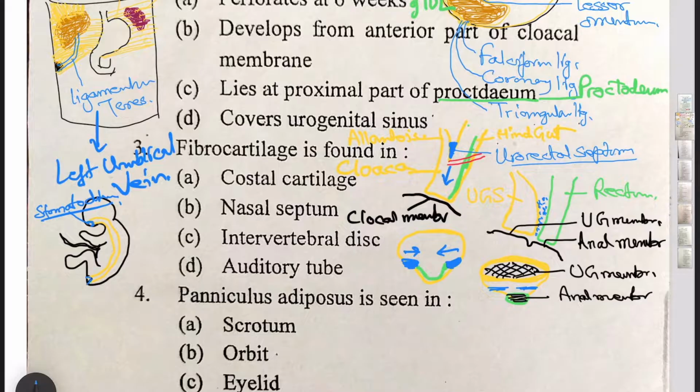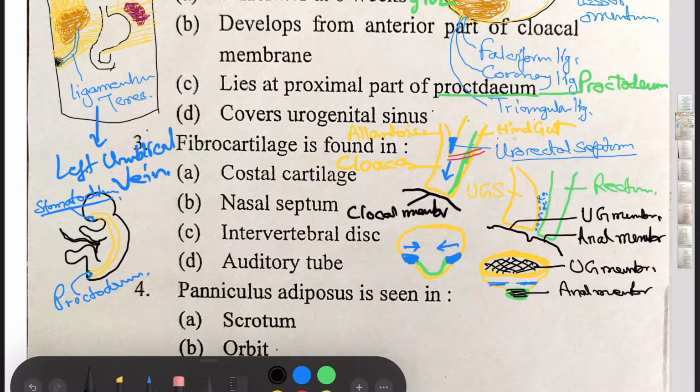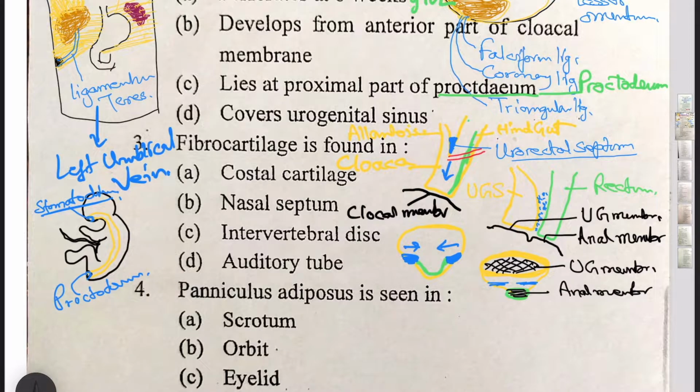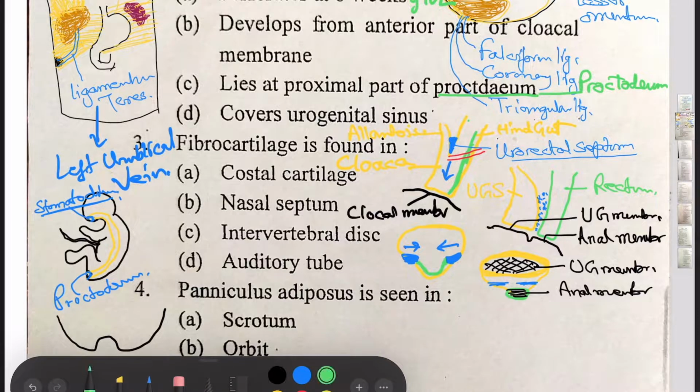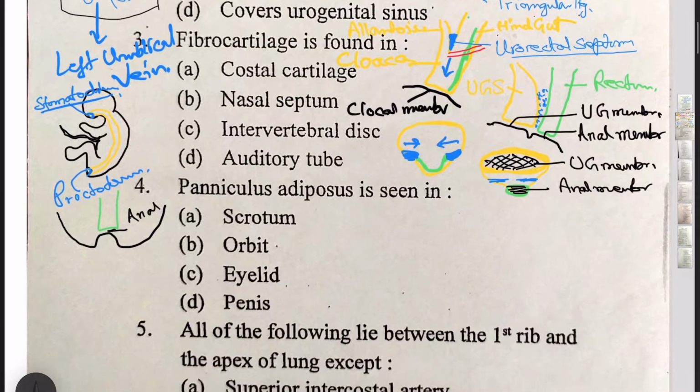Similarly, the depression created at the terminal end is called proctodeum. So this proctodeum, if you see, is a depression of the surface ectoderm like this. And here the green color, remember, is the anal canal, the rectum, and here is the anal membrane. This is anal membrane. And this is called proctodeum.